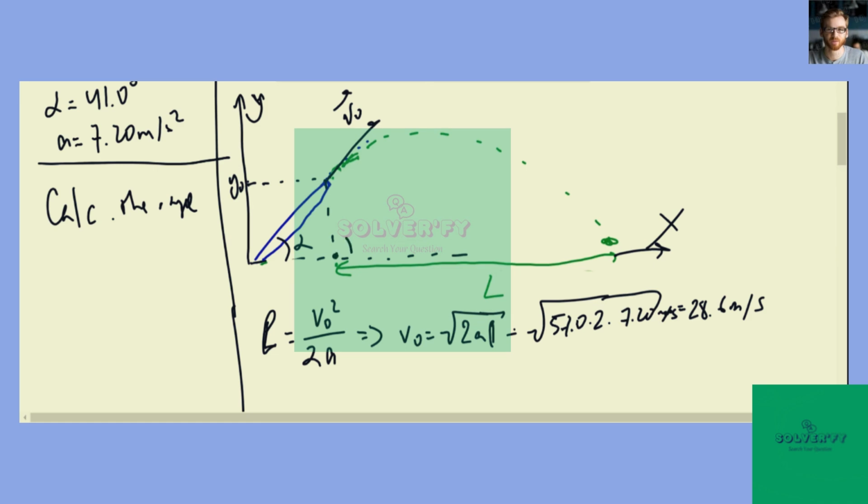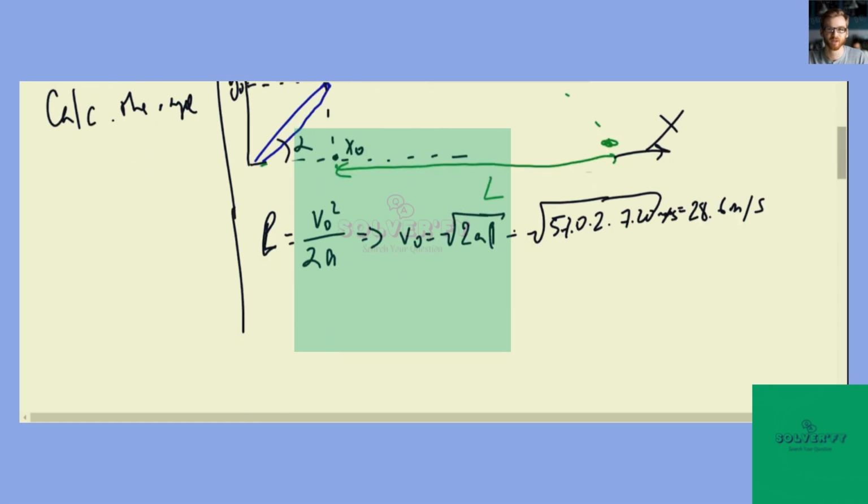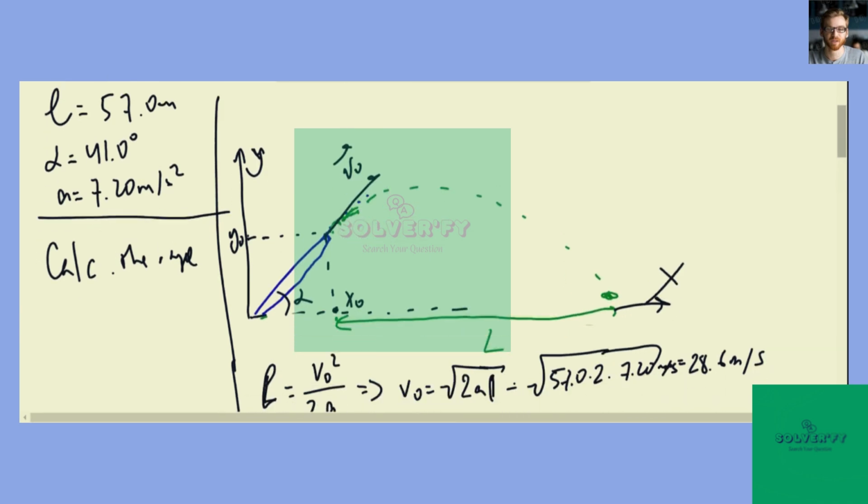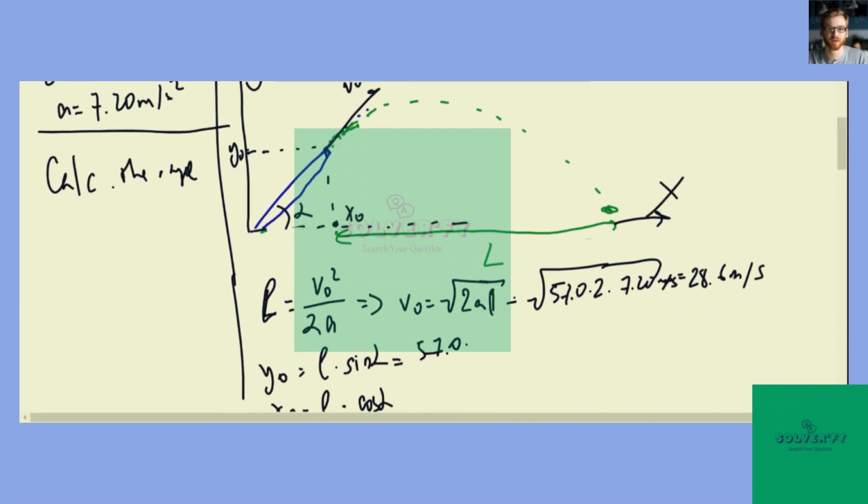y0 and x0. Obviously, from this triangle, y0 equals L times sine alpha, and x0 equals L times cosine alpha. So y0 is 57.0 times sine of 41 degrees, and x0 equals 57.0 times cosine 41 degrees.